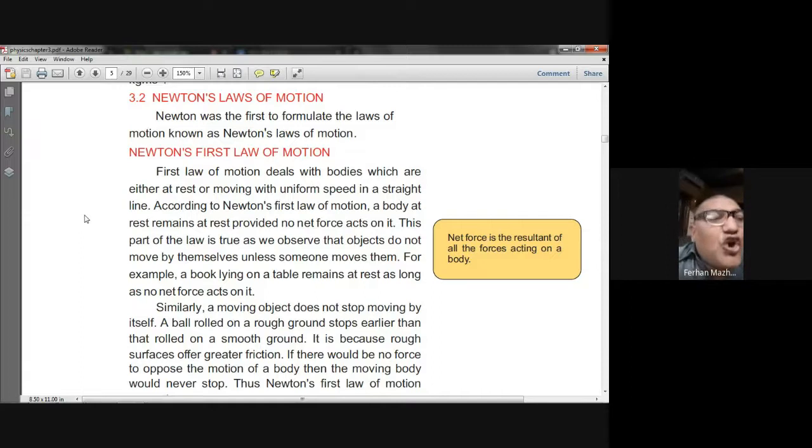If there is no unbalanced force acting on a body and the body is moving, it will continue moving with that uniform speed forever. Forever. This is not our observation. You see, let's say I have a marble, those small balls of glass.